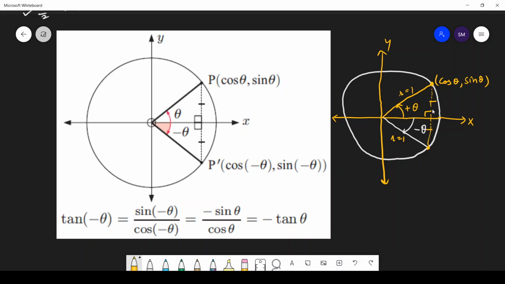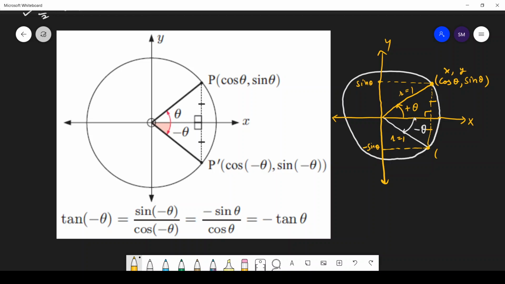If this coordinate is cos theta, then for xy, y is sin theta. So this length is sin theta, so of course this length will again be sin theta, but it's on the negative y side, so this will be minus sin theta. Okay?